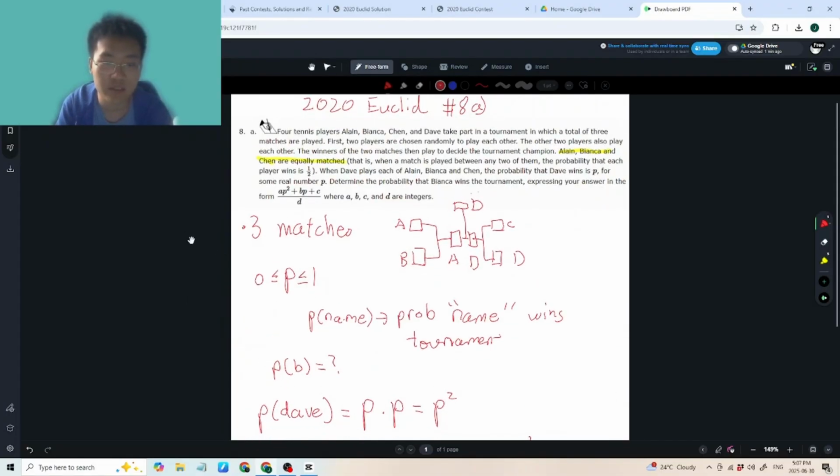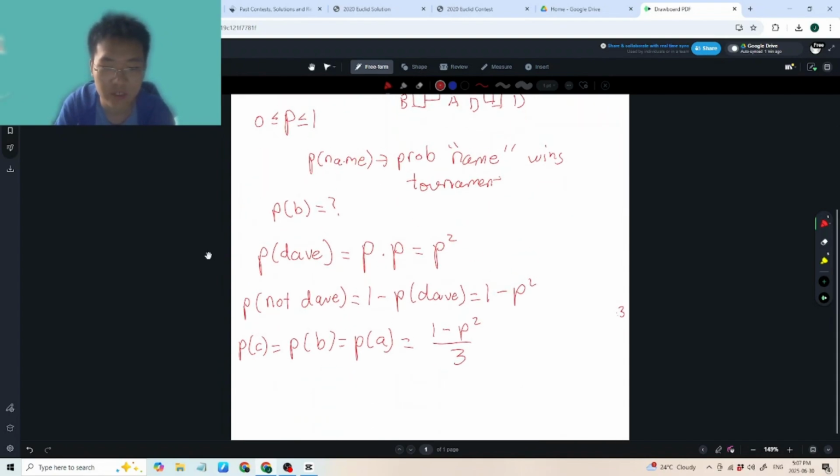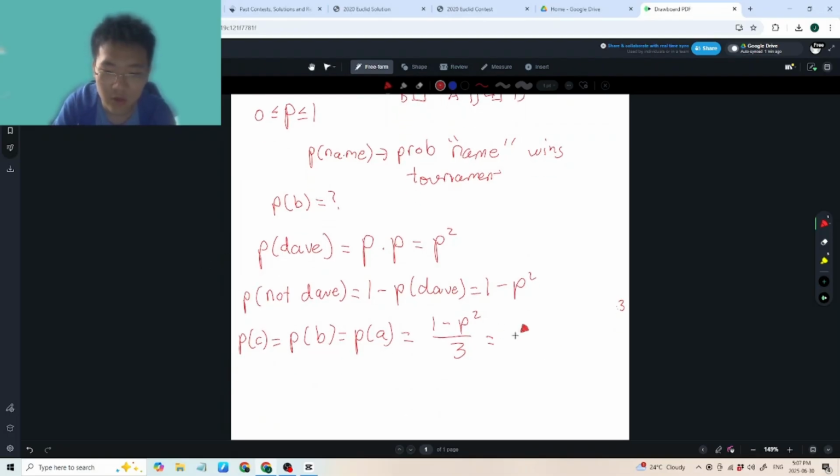But let's take a look at the question. It asks us to represent the answer in the form AP squared plus BP plus C divided by D. So let's just rearrange and do that. We can write negative P squared plus 0 times P plus 1, all divided by 3.